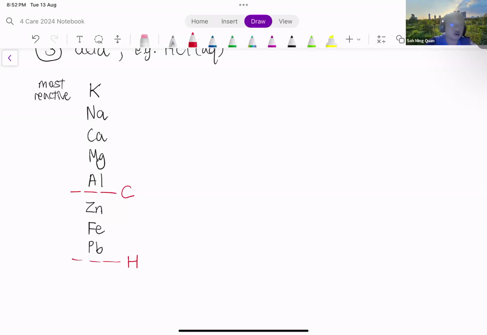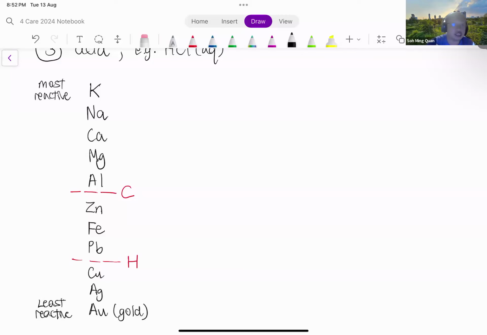and after that, hydrogen. Hydrogen is clearly a non-metal, but we still put it into the series because there is a reason for that, which we will see very shortly. And finally, copper, silver, gold. Au is gold. Let's write it down in case you didn't know the chemical symbol.